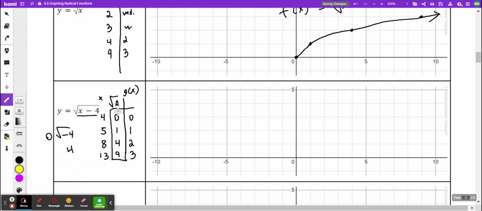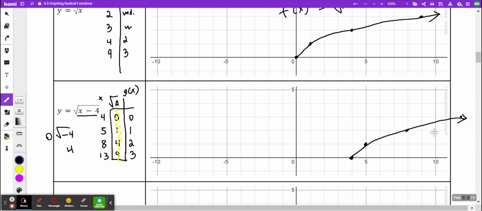These aren't really points, they are just my little guideline to help me out. So I get 4, 0, then 5, 1, then 8, 2, and then 13, which isn't there, but I could have drawn it.